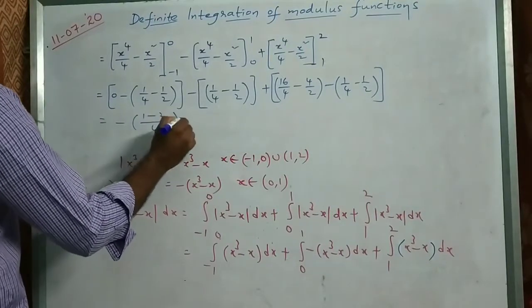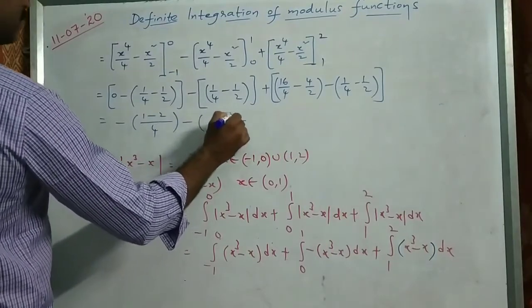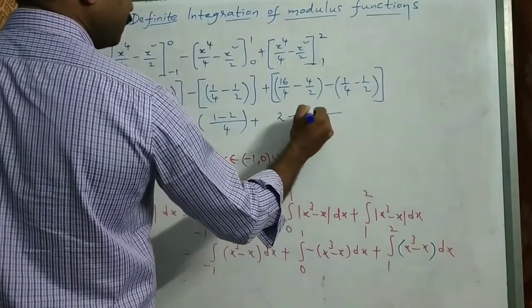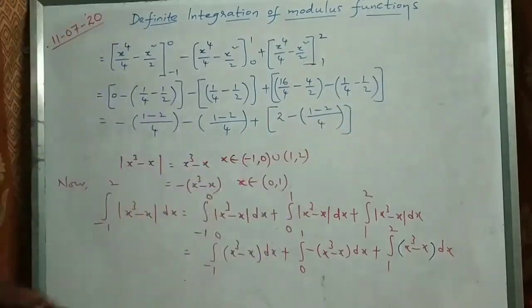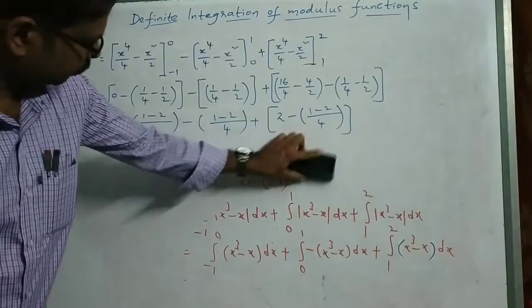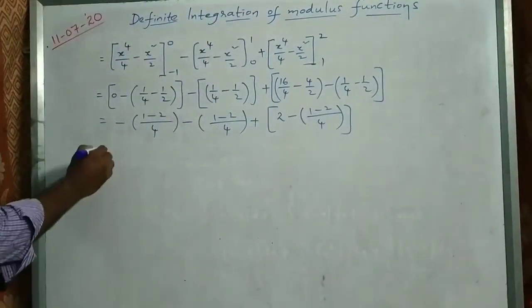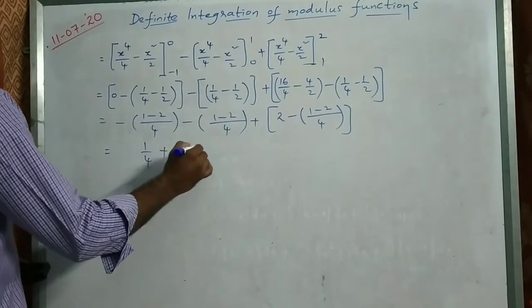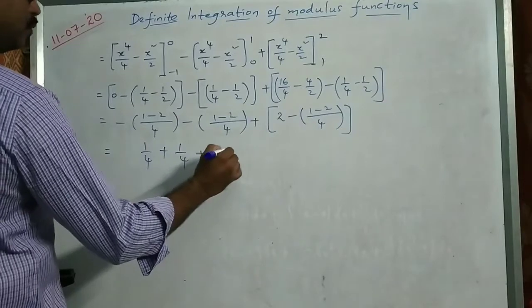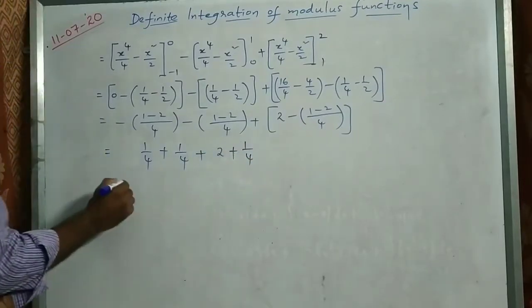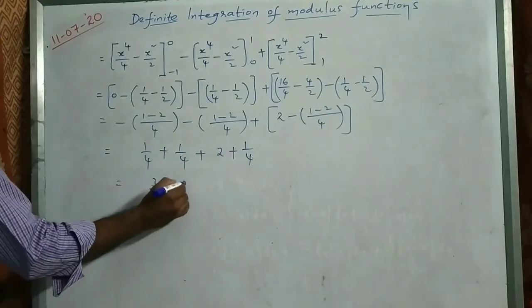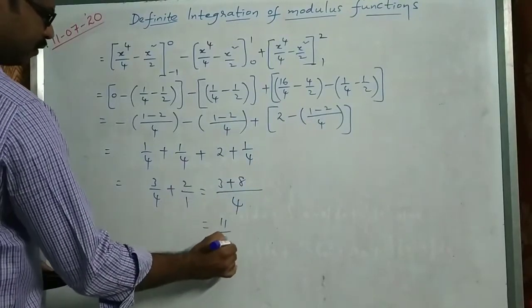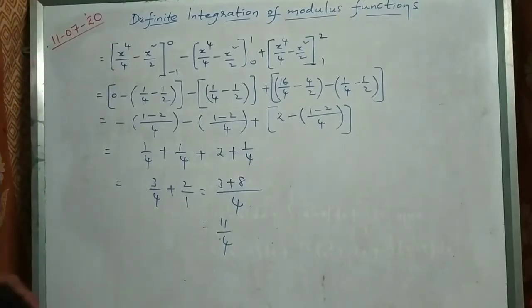So minus 1 by 4 means plus 1 by 4, then plus 2 minus of minus 1 by 4 plus 1 by 4, so 3 by 4 plus 2, that is 3 plus 8 by 4. What is the answer? 11 by 4.